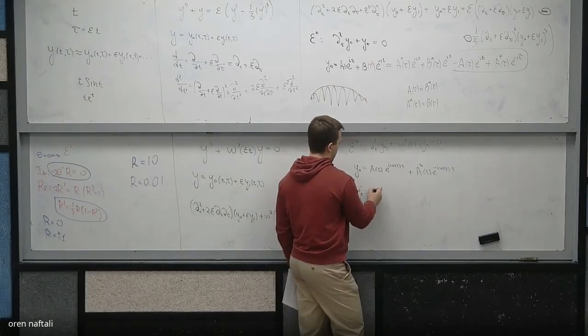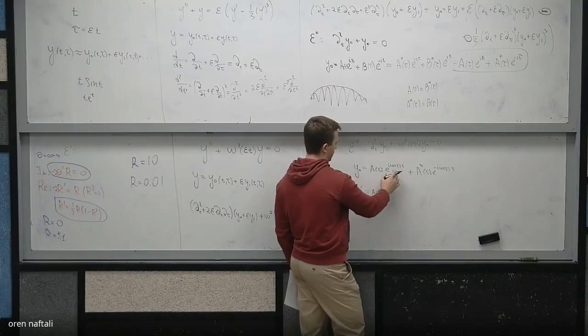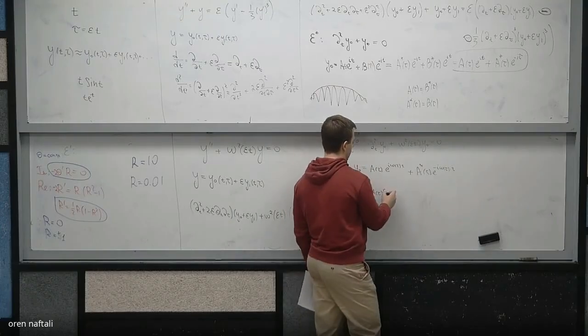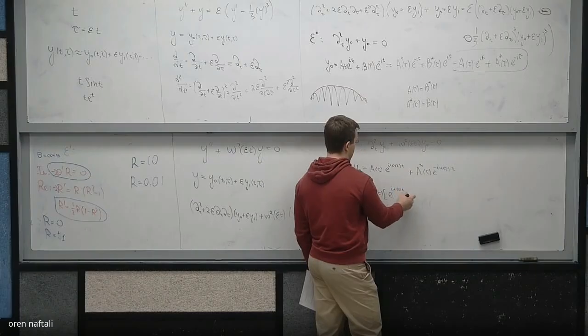It's a of tau times the derivative with respect to t of this. What is it? It is the exponent itself times the derivative with respect to t of this.